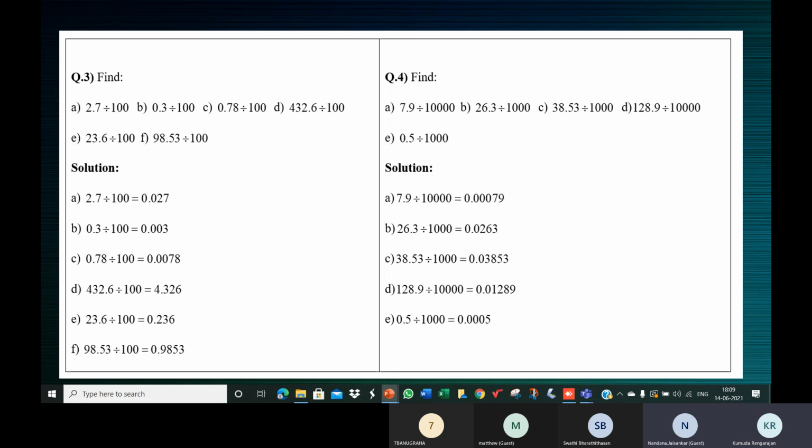That means the answer should have 5 decimal places, which means after the decimal point, there should be 5 digits. How many digits do you already have? You have 2 valid digits, 7 and 9. You need to have 5 decimal places, so you must have 3 zeros: 0.00079. Okay, ma'am.